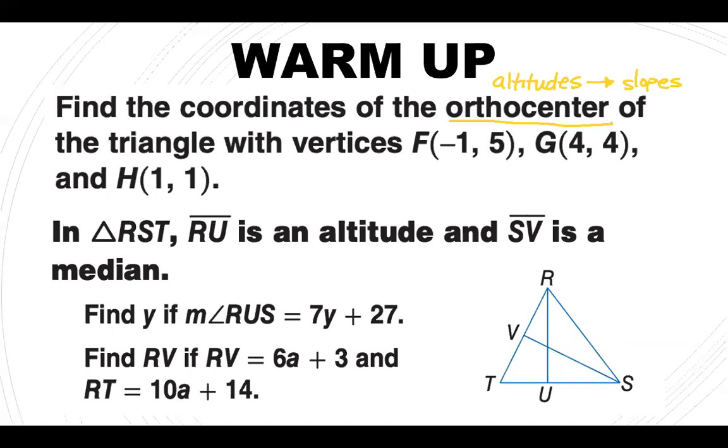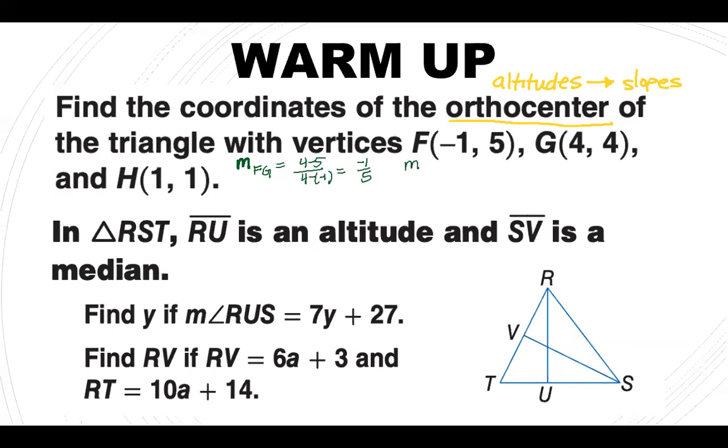So I know I'm talking about slopes, so I'm going to start by looking at the slopes. The slope from F to G is going to be 4 minus 5 over 4 minus a -1. So that's going to be -1 over 5.